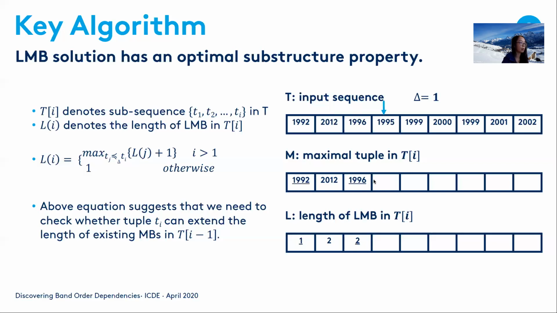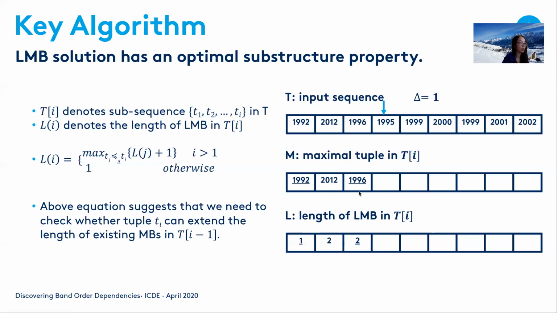So now for the fourth tuple, we again check if it can extend existing monotonic bands by comparing its year information with that of the maximum tuples. So the new tuple can extend a longest monotonic band of length 1 with the maximum tuple 1992. It can also extend a monotonic band of length 2 with maximum tuple 1996.